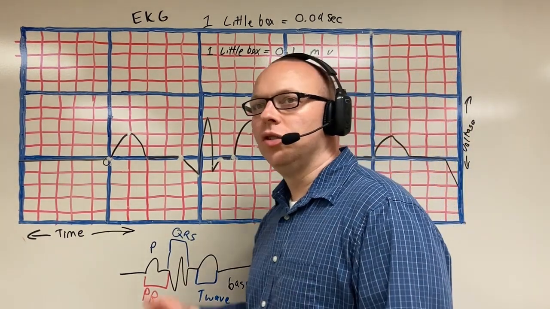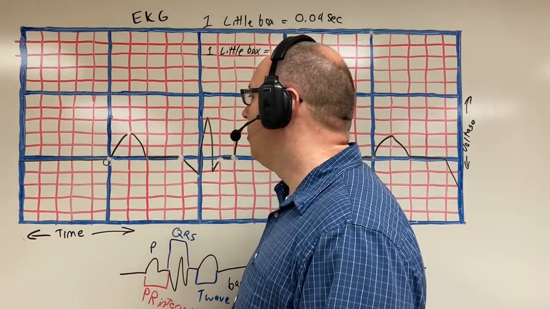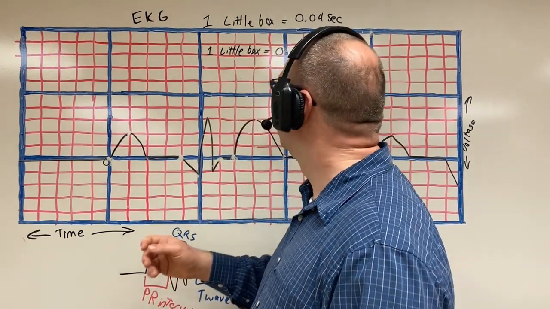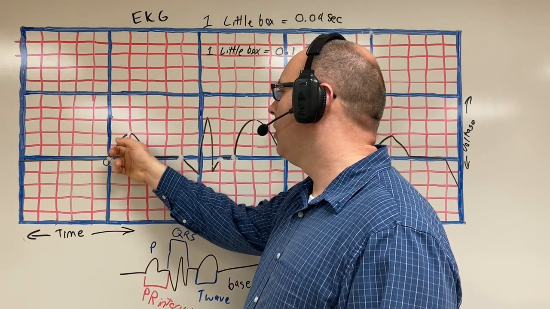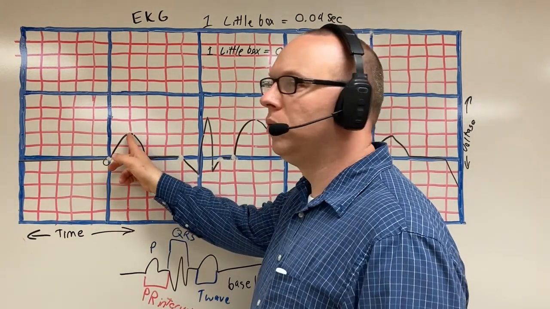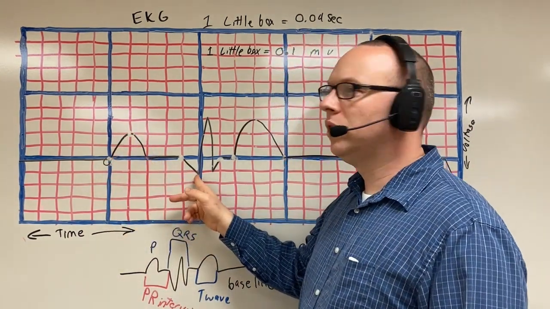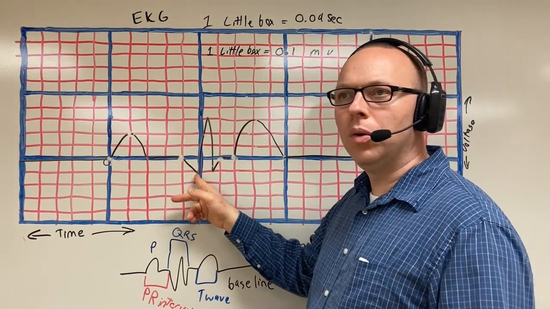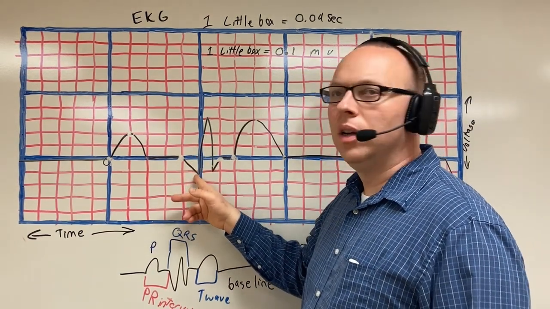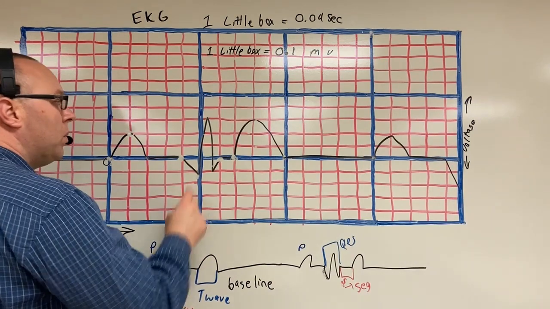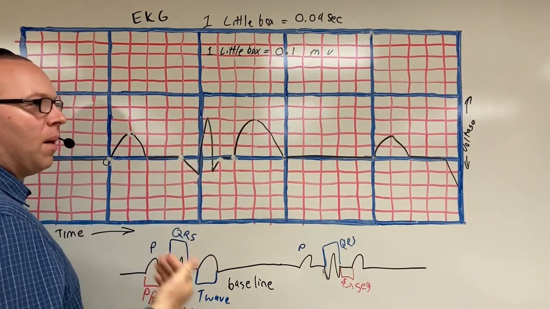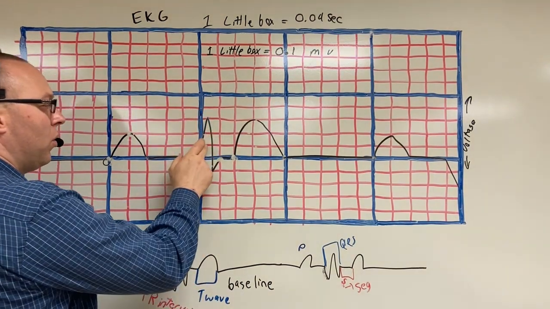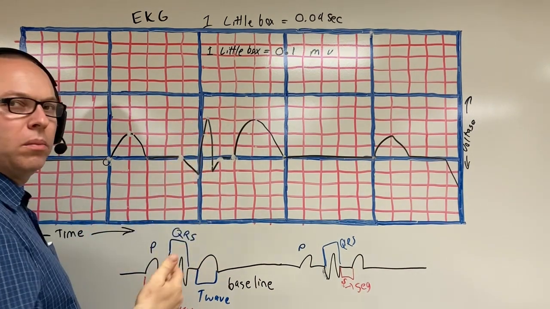Now that we measure this in terms of little boxes, how many millivolts is this? 0.1, 0.2. So this is 0.2 millivolts. What's the millivoltage of this? I'm 1 little box below baseline, so that's negative 0.1 millivolts. What's my millivolts right here? I'm 3 little boxes above baseline, so that's 0.1, 0.2, 0.3 millivolts.